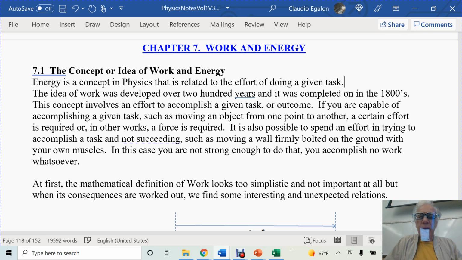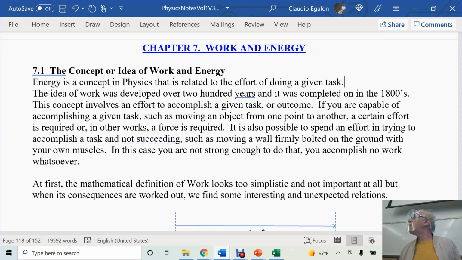Okay, that's what energy is all about. Well, now you gotta define what a task is, right? Here you go. Examples of tasks: move this bottle from one place to another. Raise this bottle against the acceleration of gravity. Those are examples of tasks.